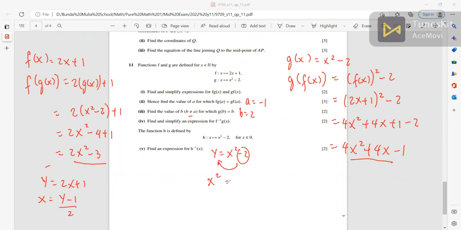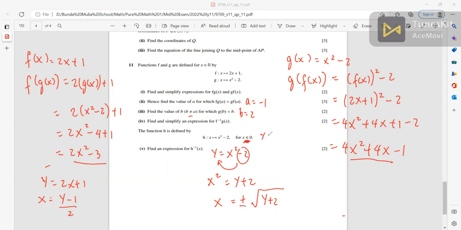We get x squared equals y plus 2, and x equals plus or minus the square root of y plus 2. And then it says x is smaller than 0.